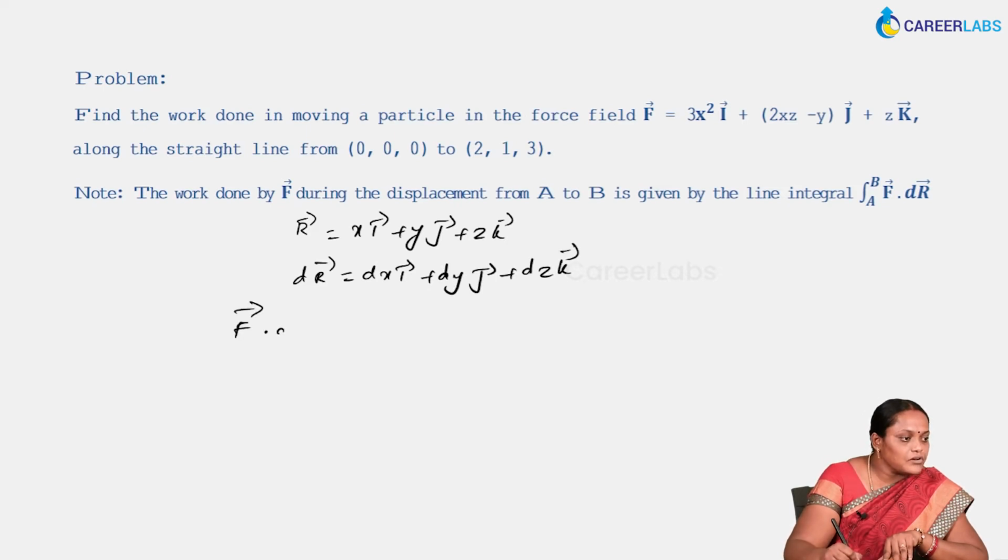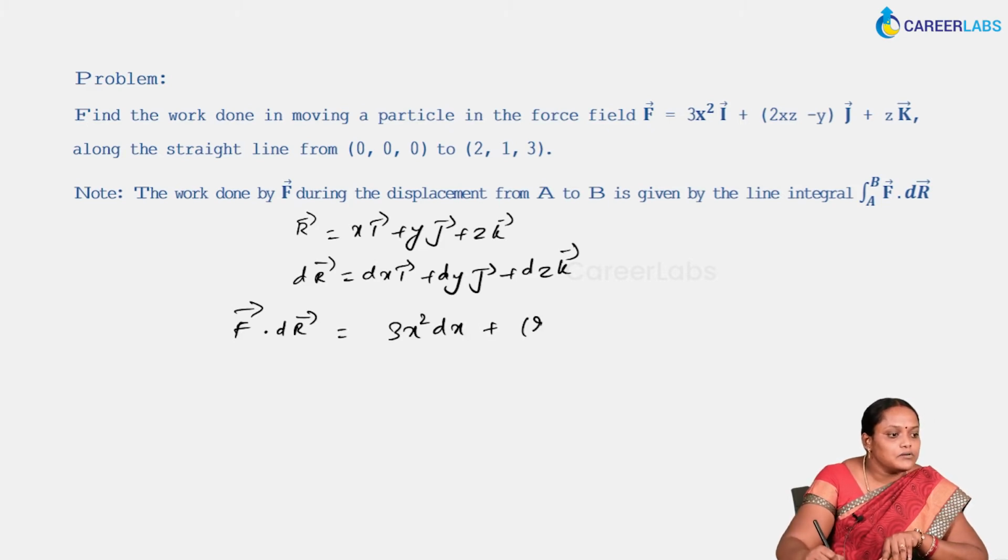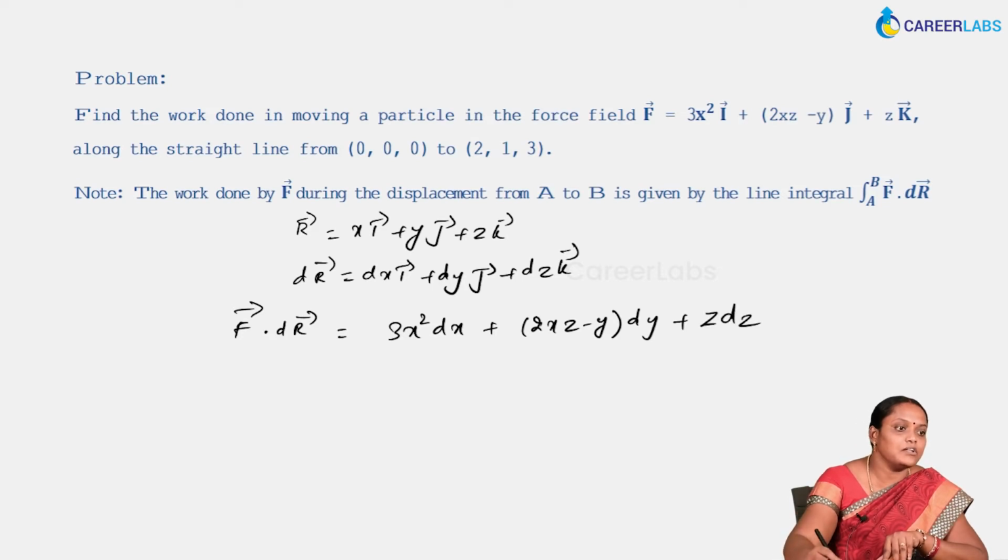Therefore, f vector dot dr vector will be equivalent to 3x square dx plus (2xz minus y) dy plus z dz. I am just taking the dot product directly with these two, and we need to convert everything in terms of t by using the straight line form.